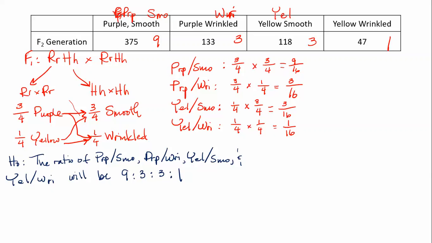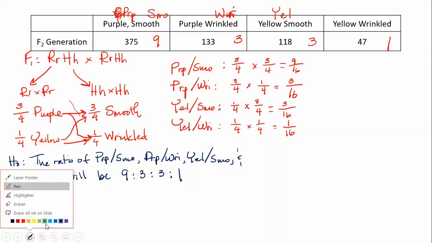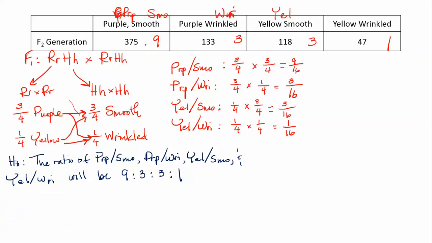Now, if you'll remember, we're going to have to calculate an expected value. So let's go ahead and do that calculation now while we've got some space and also while we've got some numbers worked out. The first thing we need to do is figure out the total. So we need to add 375 plus 133 plus 118 plus 47.